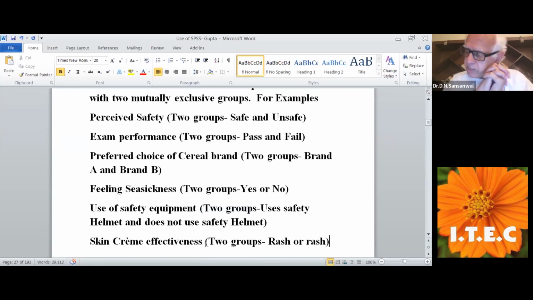So like this, you can have as many variables with two levels or two groups. So this is what you must have.